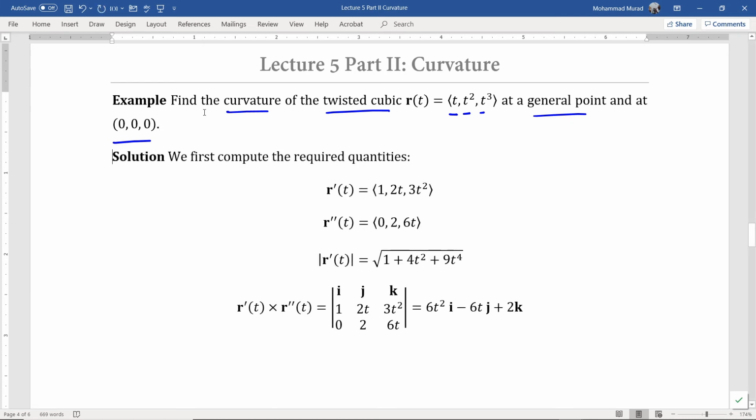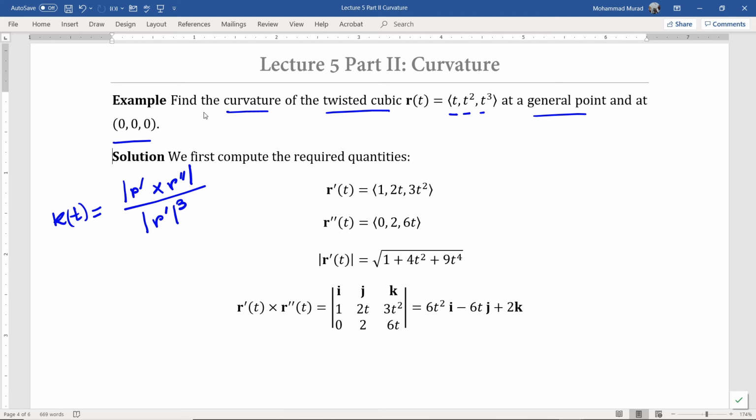To calculate the curvature, we need several quantities. So we need r prime, r double prime, and these vectors, and the magnitude.